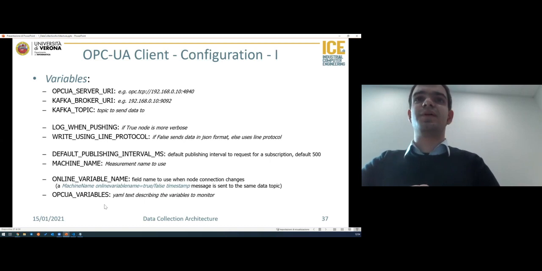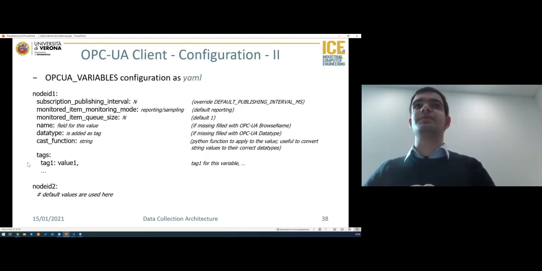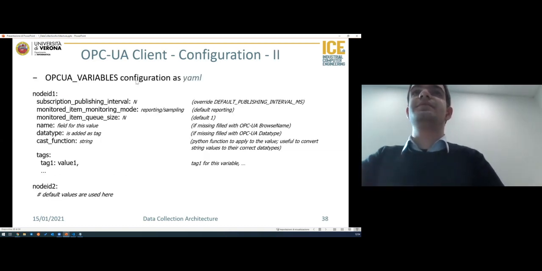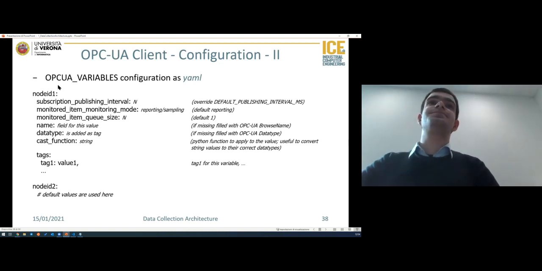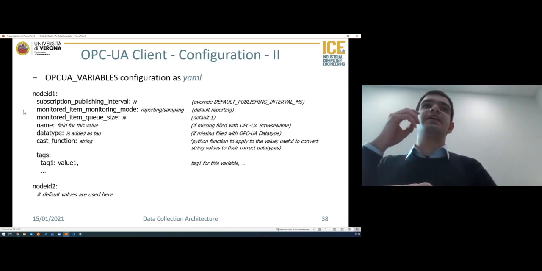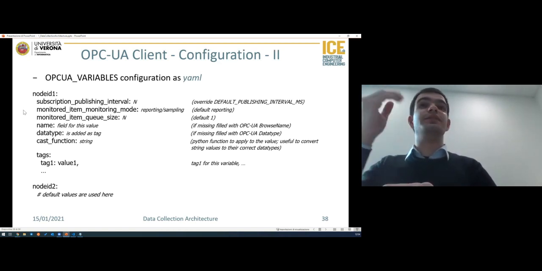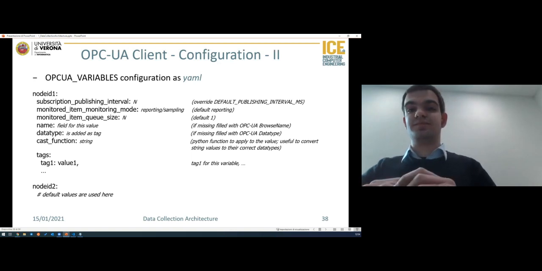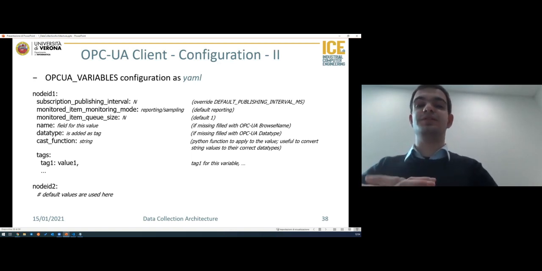And finally, the most important, the OPC UA variables, and I'll explain in this slide, which is in practice using a YAML format, and this is the variable in which we specify all the nodes that we want the client to monitor.